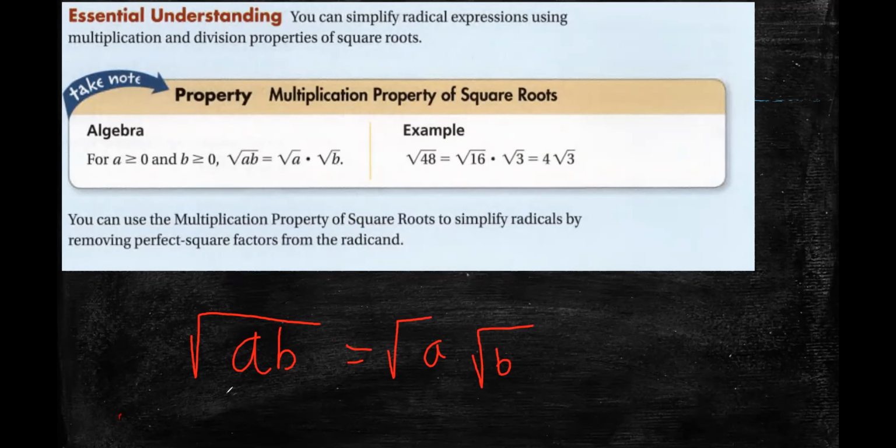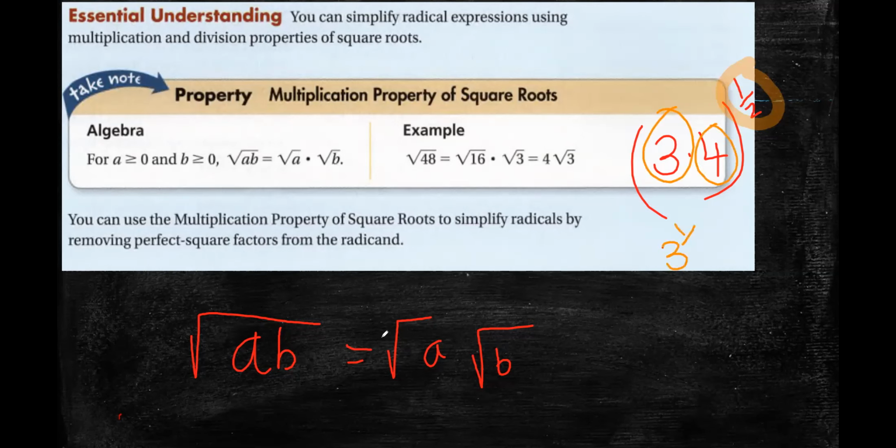Did you remember in chapter 7 when I told you that if you have 3 times 4 to the power half, this half will be distributed on the 3 and on 4? I can write it as 3 to the power half times 4 to the power half. Is it right?